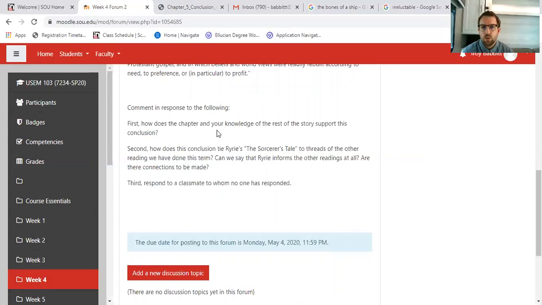And then second, do you think this conclusion ties The Sorcerer's Tale to the other things that we've read this term? Is there any connection that you can make between what Ryrie's trying to say here and what Okafor says or Hairston says, or what Alderman says or Federici says in the texts that you've read this term? So try to see if there are any connections.